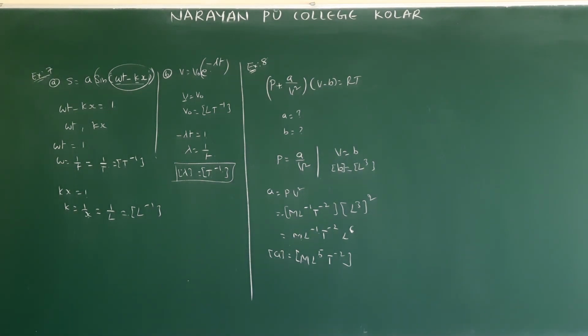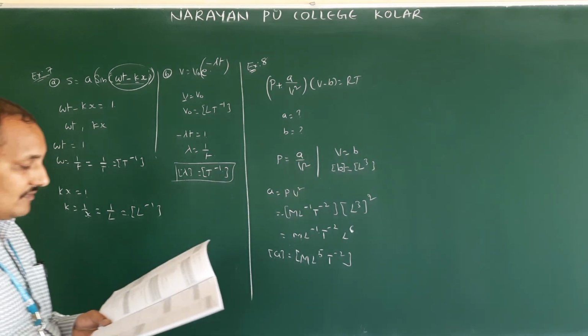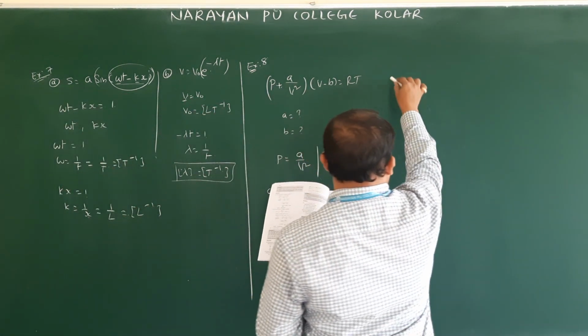See example 9. The viscous force F acting on a small ball of radius r moving in a medium of coefficient of viscosity eta with speed v is proportional to eta power a, r power b, v power c. So example 9.